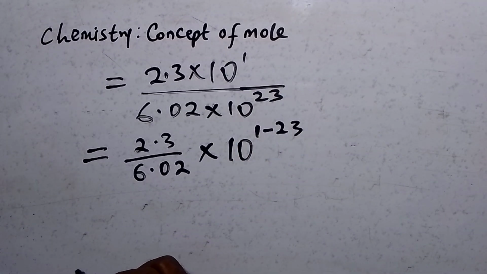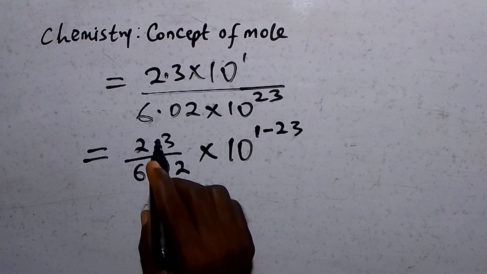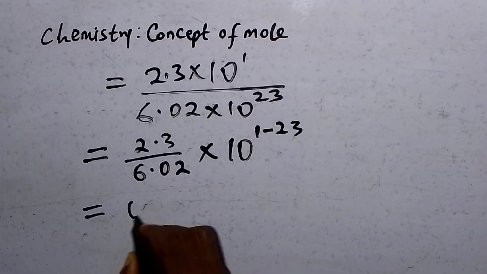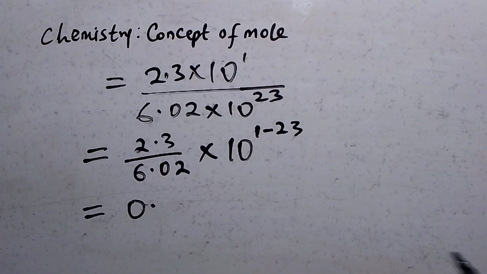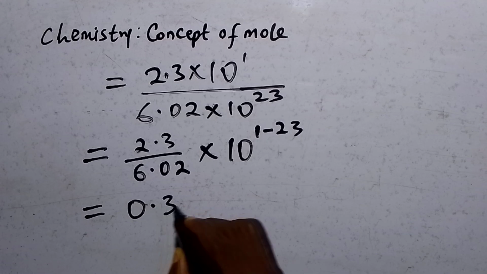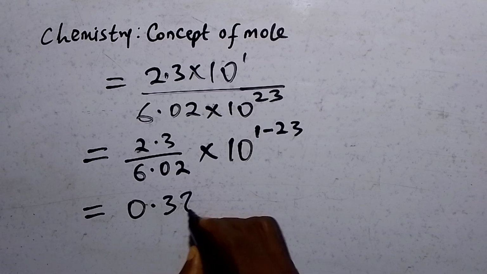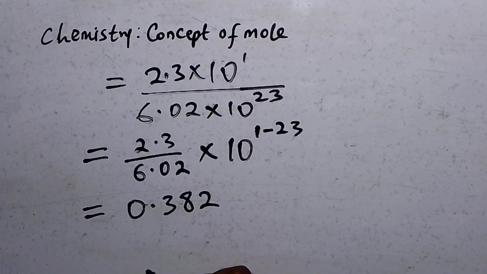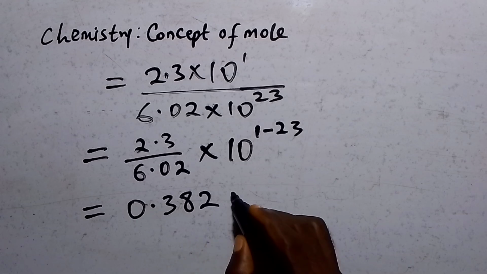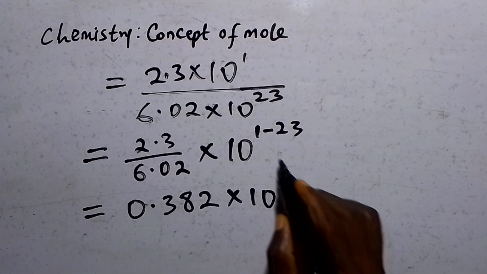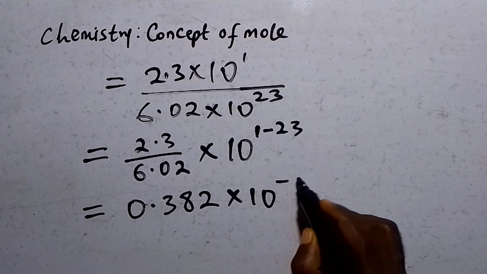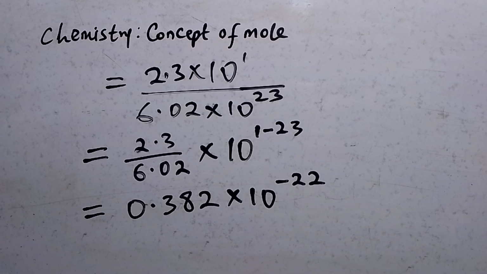Making sense? Then if you now divide this one, you're going to get 0.382, and you have times 10. 1 minus 23 is minus 22. Then you still put this one in standard form.